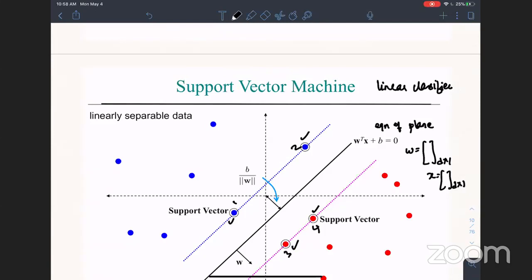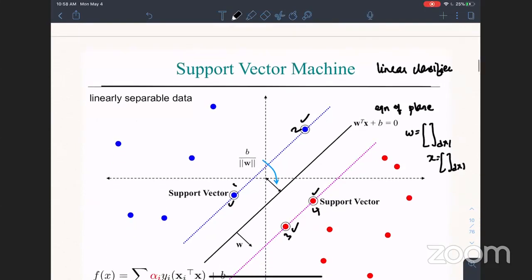boundaries. So let's draw a line or a plane which goes over 1 and 2, and a line or a plane which goes over 3 and 4. And then simply take a plane which bisects this space. This is bisecting because this distance is the same as this distance from this plane.